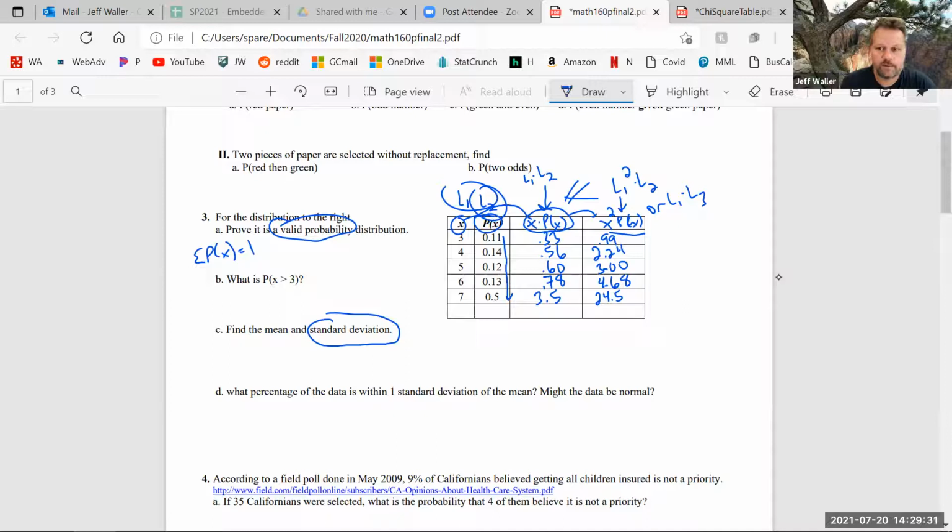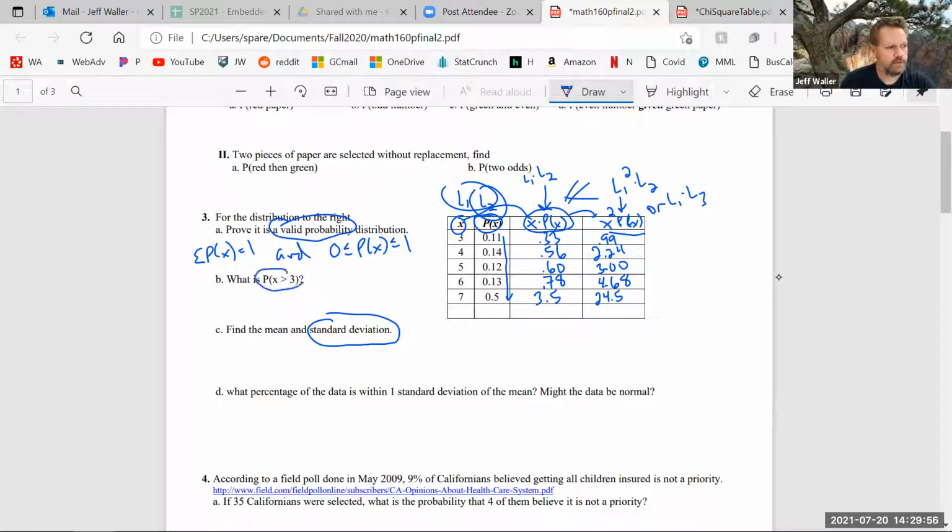Would it be okay if it was 0.99996? Yes, that's almost 1. That's fine. What else? That each p of x is between 0 and 1. You can actually just say that in English if you want to instead of mathish.